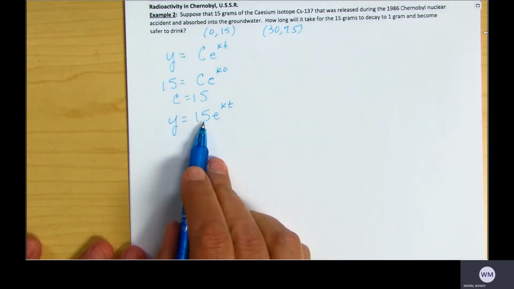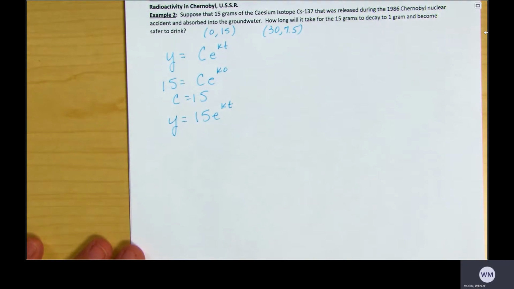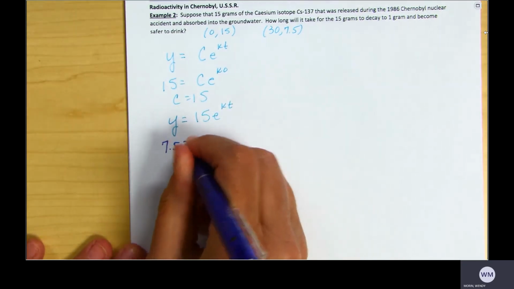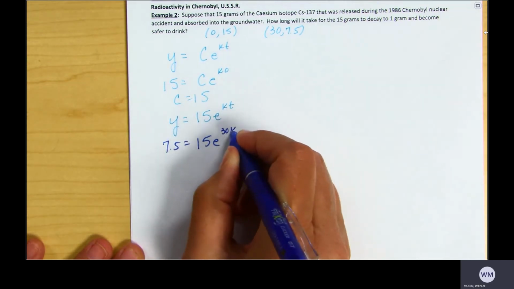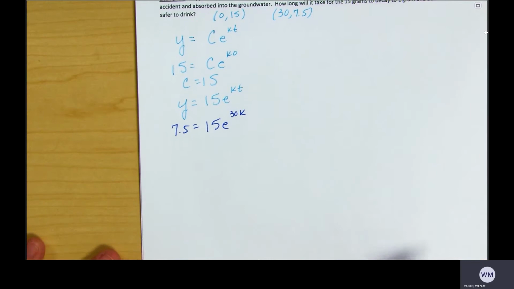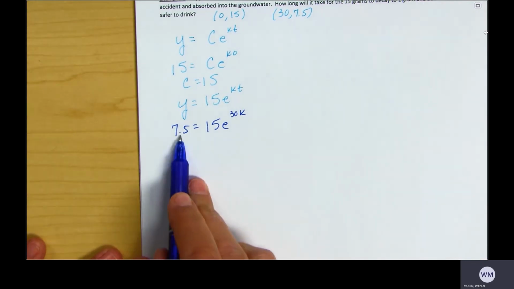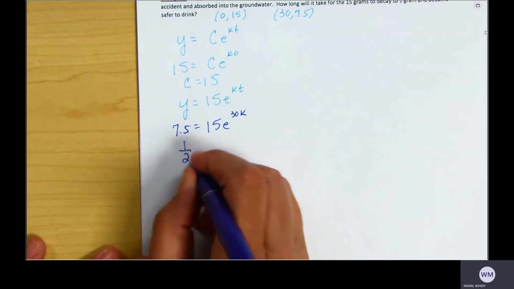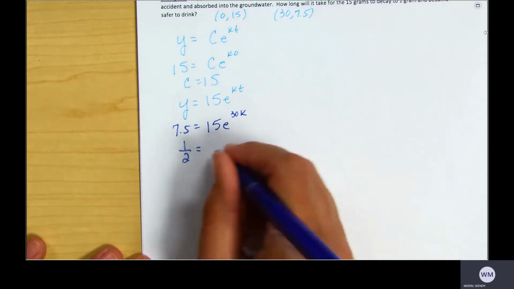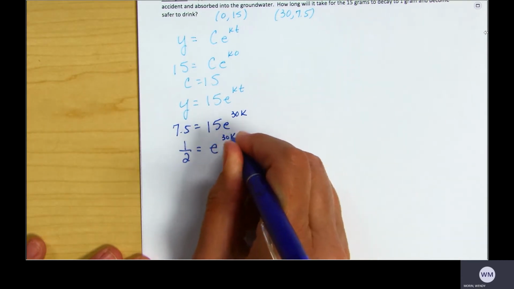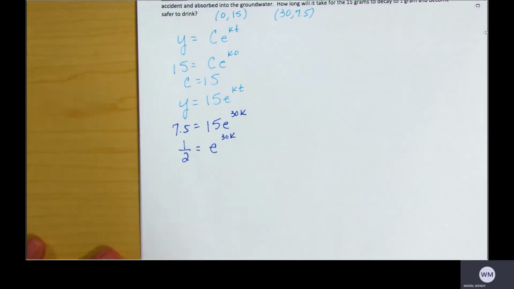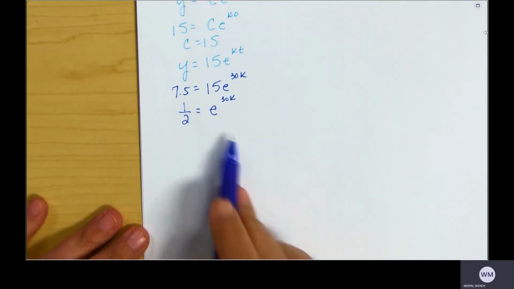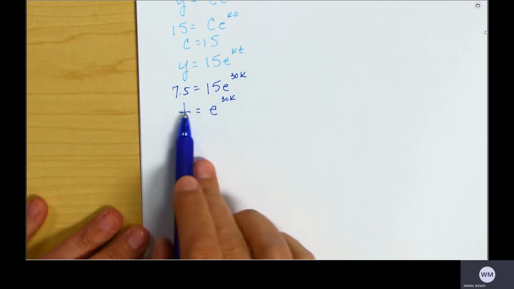Okay, so we're going to then use our second point, which is 7.5 after 30 years, so that's 30k. Divide both sides by 15. Well, it's half-life, so you're going to get a half. Okay, so again, I showed you how to change it from exponential form to log form.